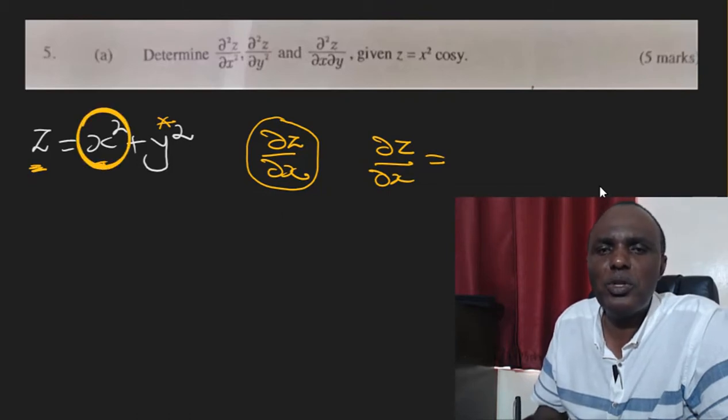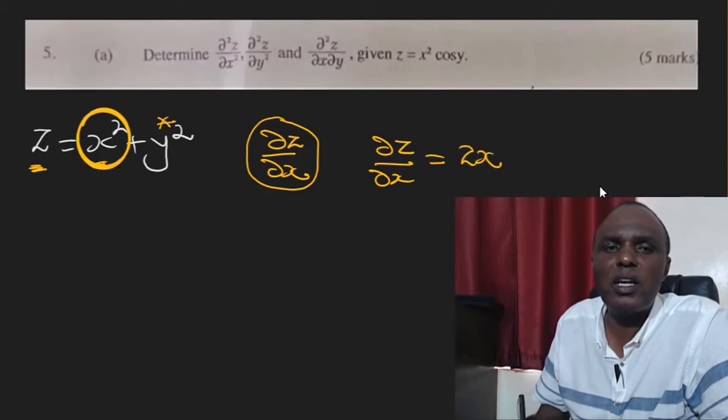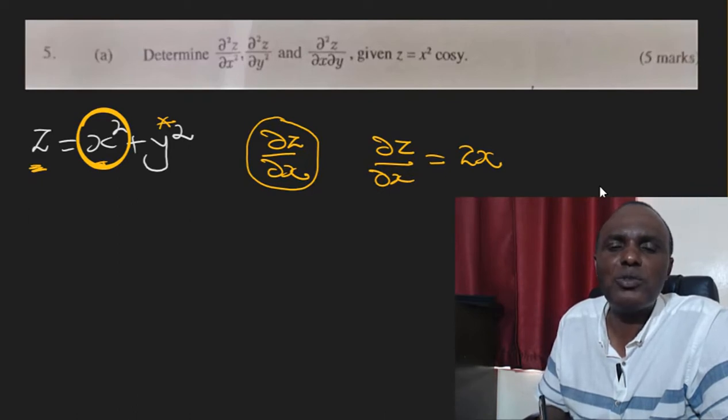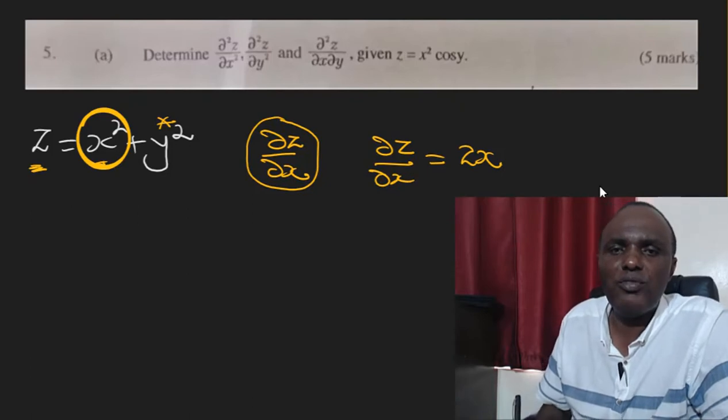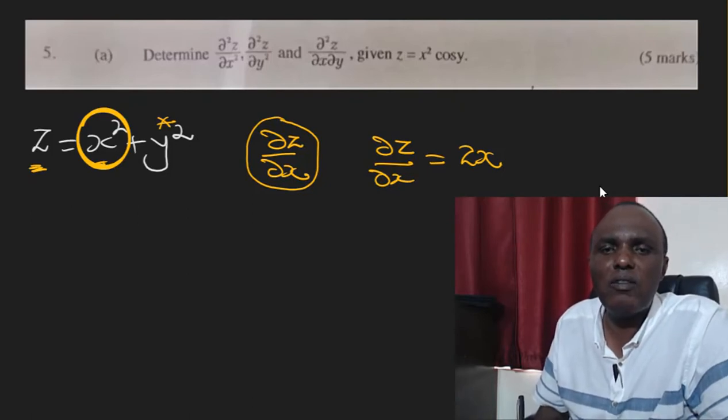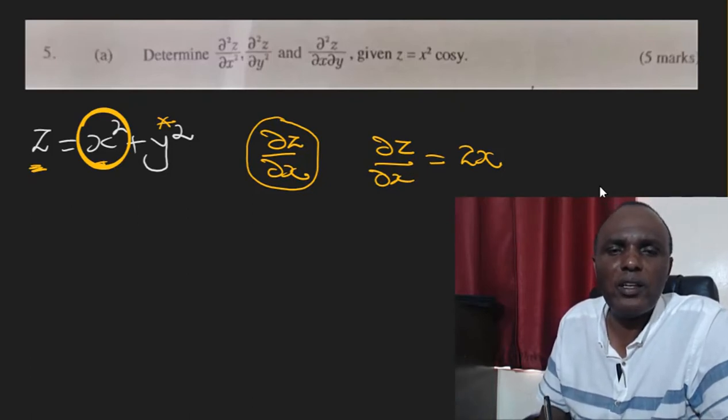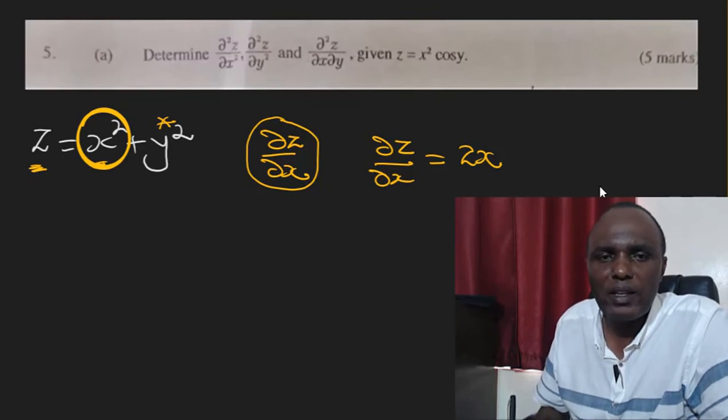Here you are going to get 2x, and since our y is constant, when you differentiate a constant you get 0. Therefore ∂z over ∂x in our example is equal to 2x.